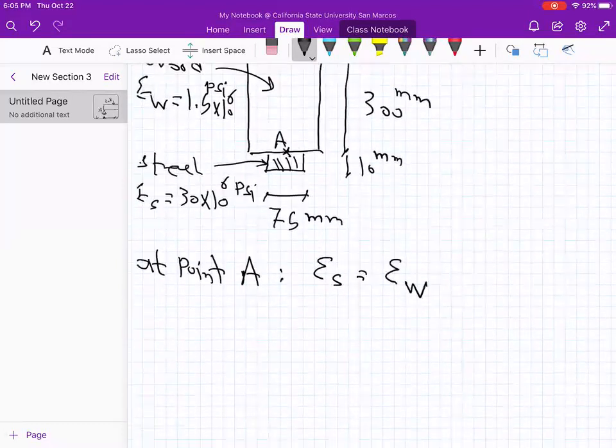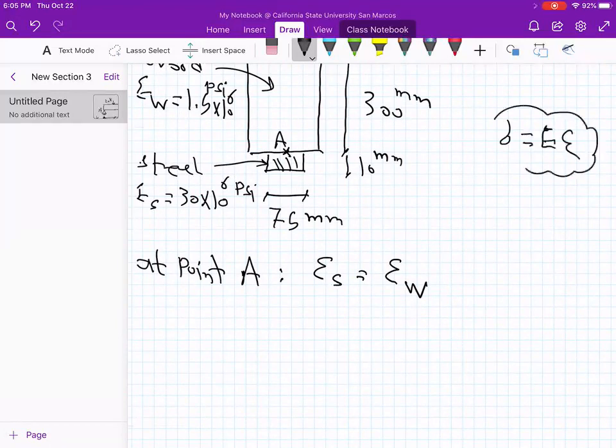Since the strains are equal, do you remember the relation between strain and stress? Sigma is E epsilon, the stress-strain relationship we defined a long time ago.